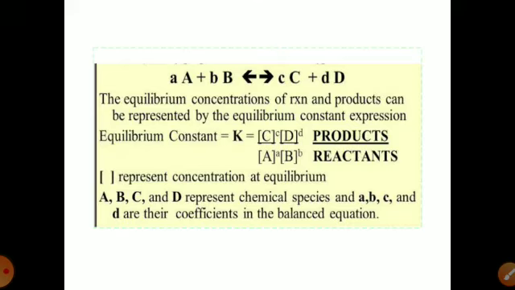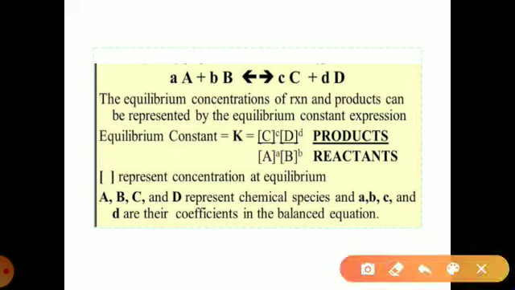Now we are considering a hypothetical equation: aA + bB is in equilibrium with cC + dD. These two-sided arrows indicate that this is a reversible reaction. Now you know what a reversible reaction is: reactants are forming products and products are reforming reactants.